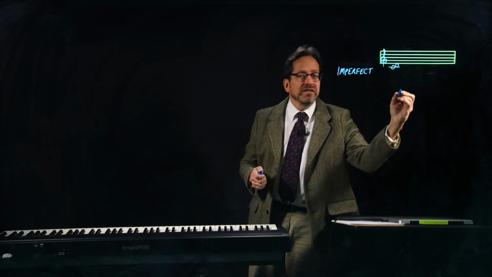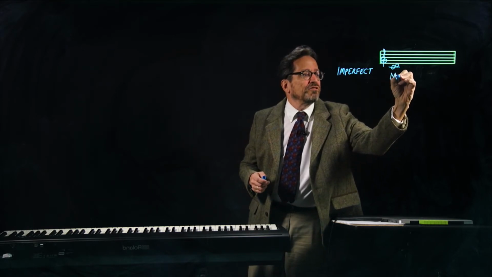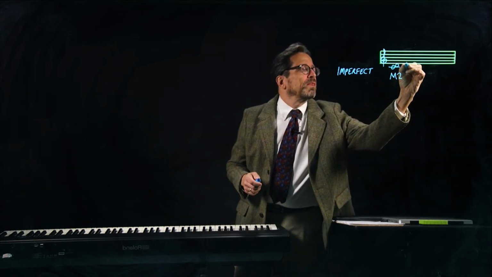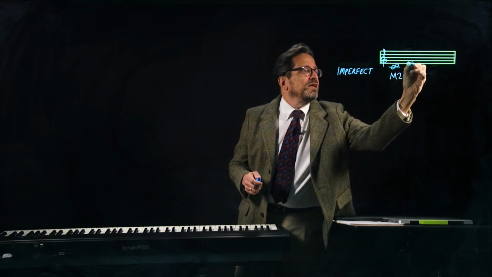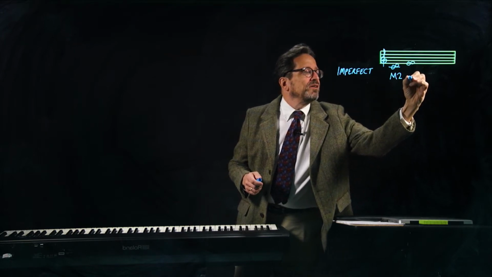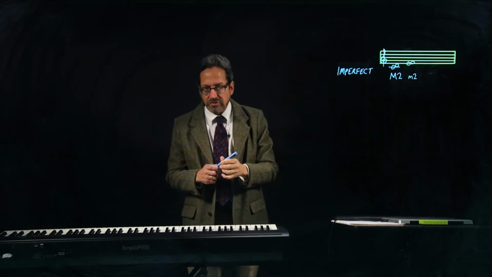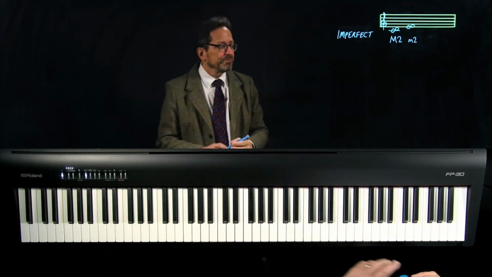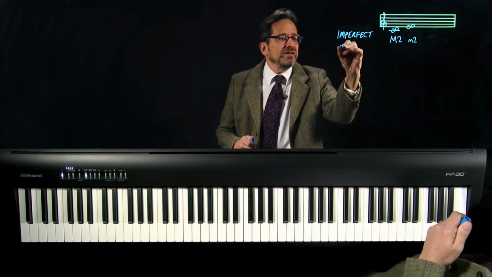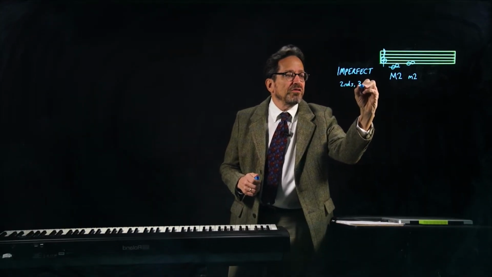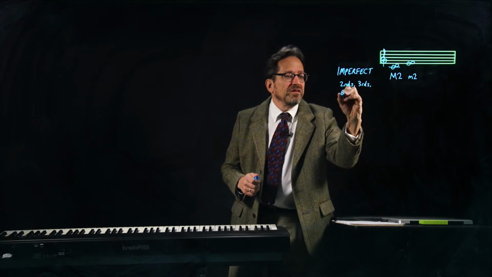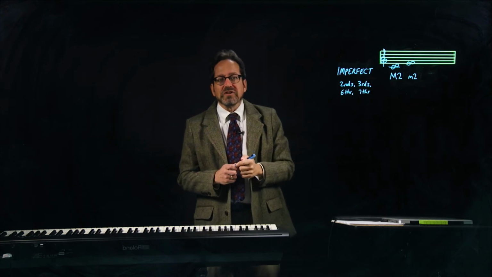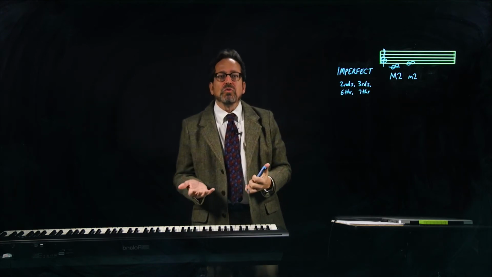C to D is a major second, and you notice I am writing a large M to signify major, whereas E to F is a minor second because there is no key in between E and F on the keyboard. Seconds, thirds, sixths, and sevenths are all imperfect intervals that can be major or minor.